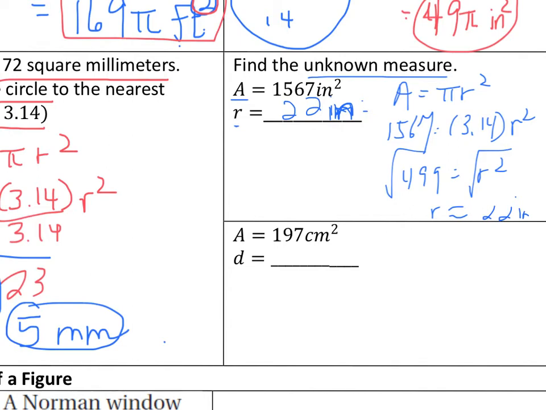Okay, let's do just one more. Area equals pi r squared. Substitute 197 for A. Rewrite pi as 3.14 and r squared. 197 divided by 3.14 is about 63.